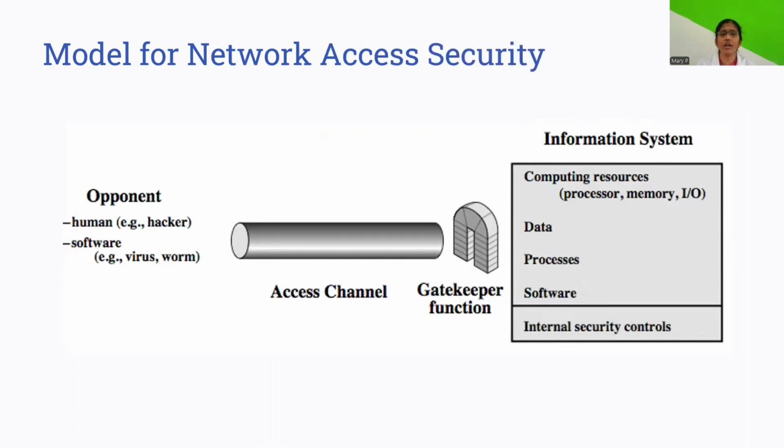Next one is the model for network access security. Here the resources are data, processors, and software. If you want to access them, it is through the gatekeeper function, which identifies the user. Then the implementation of security controls ensures that only the authorized user accesses the designated information or resources.